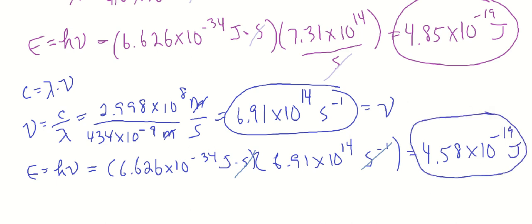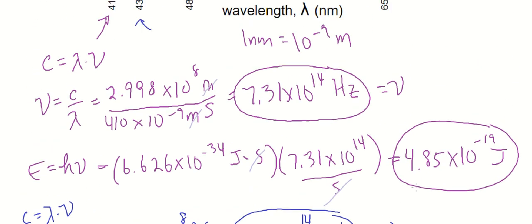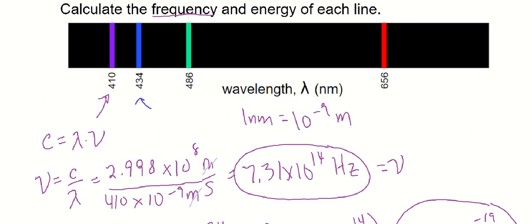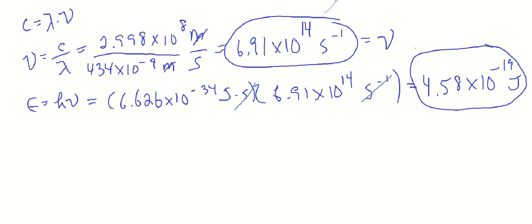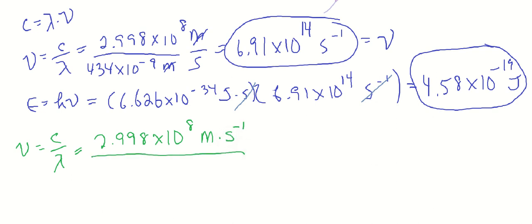All right, let's move on to the orange line. I'm sorry, green line. This is the atomic emission spectra for hydrogen. So 486, green line. Let's write it this way. 486 nanometers is equal to 486 times 10 to the negative 9 meters.